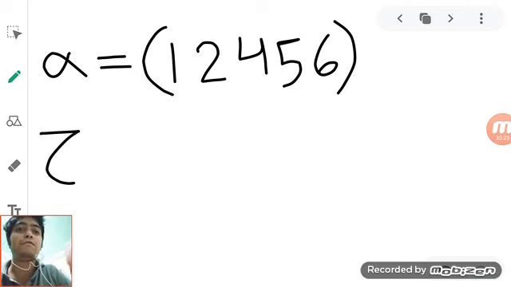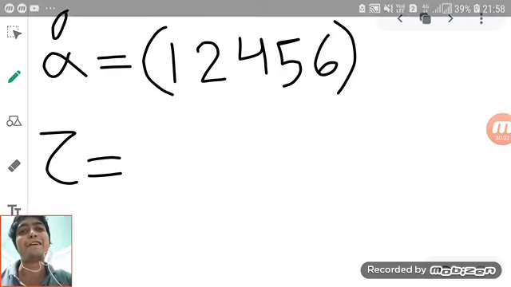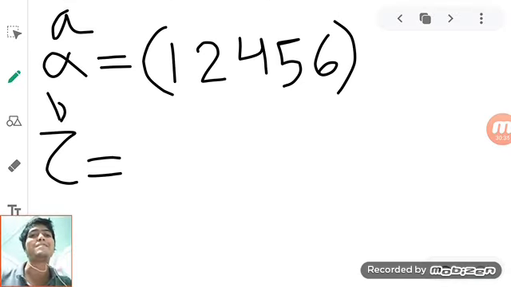Call it tau. We are using Greek letters, but do not be confused, it is just a notation. We can even write this one by A, this one by B, it doesn't matter. But to follow the standard way, we will be expressing the elements of Sn in terms of sigma, tau, or Greek letters.